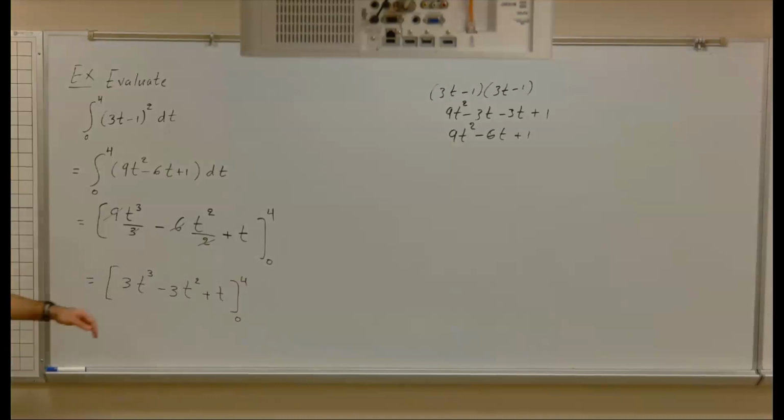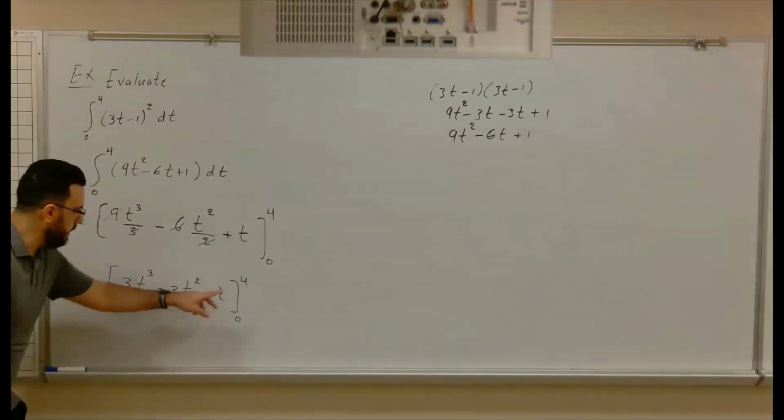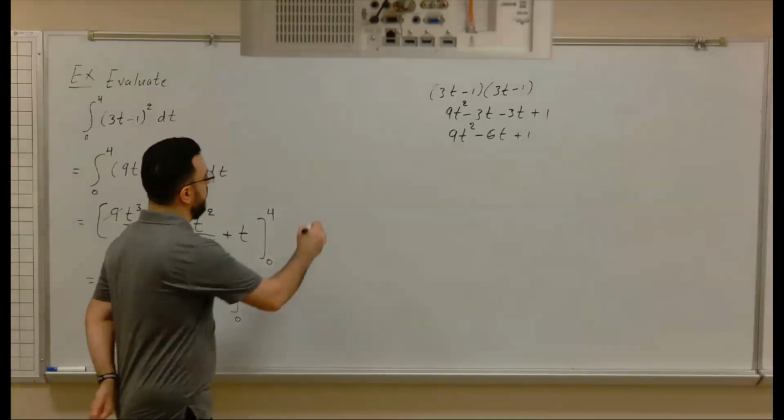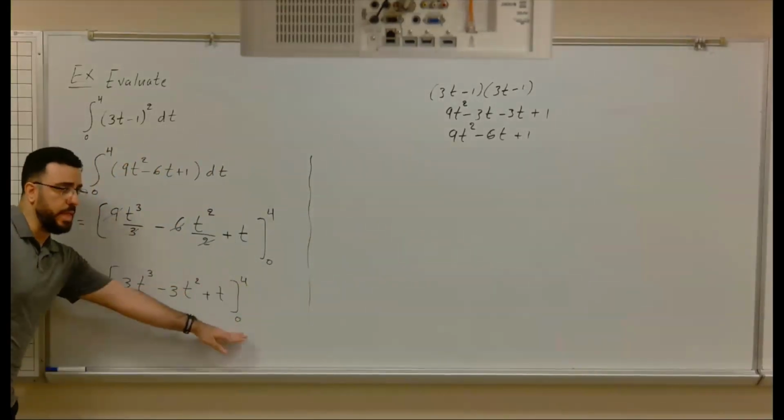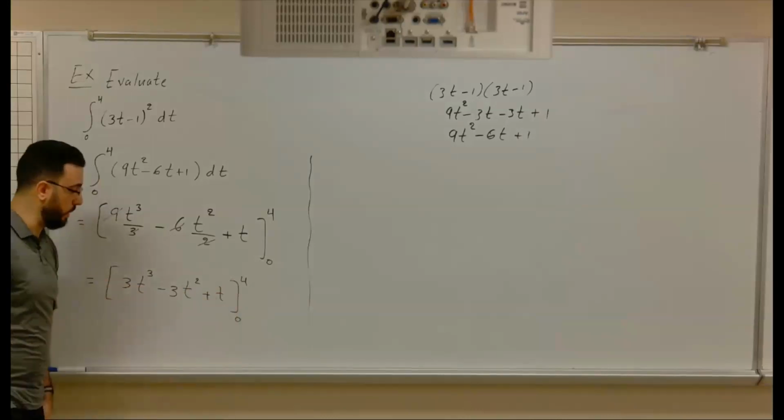Now that's a plug-in. You're going to plug in the 4, and then plug in the 0. Be careful here. Always plug the top in first, then the bottom. If you do the opposite, it's going to be wrong.